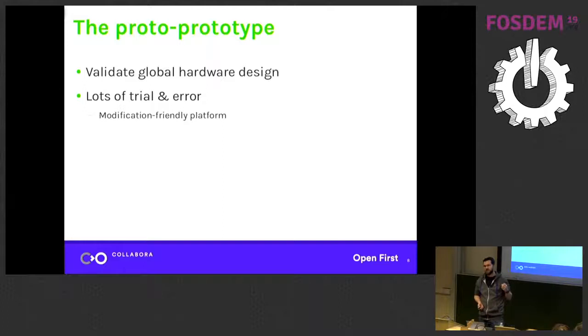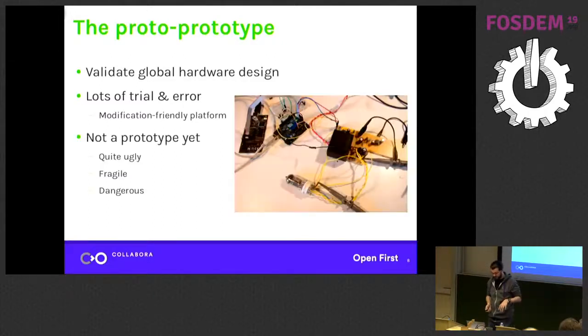You have to make generally lots of trial and error, so pick a modification-friendly platform. I mostly use Vero boards, as they allow me to switch the connections and easily solder and unsolder many components. But again, I'm working with through-hole mounted components. And it's really not a prototype yet.